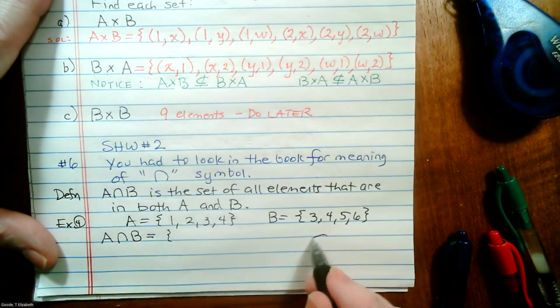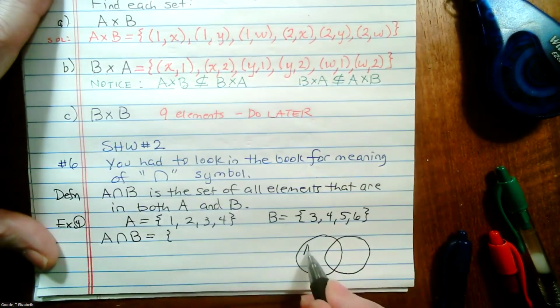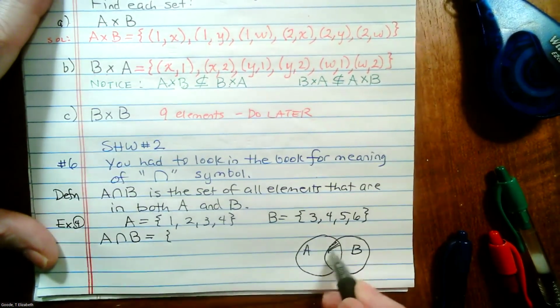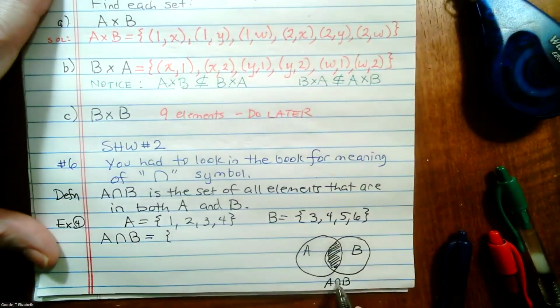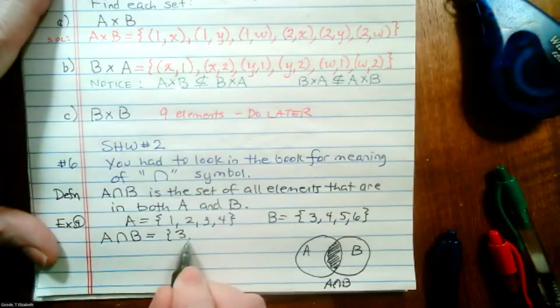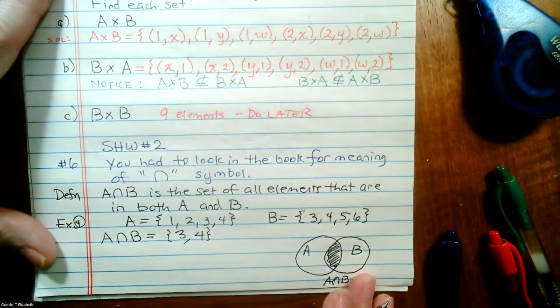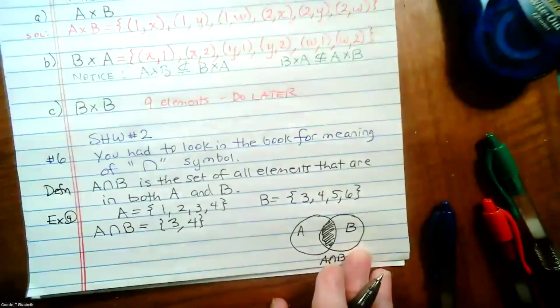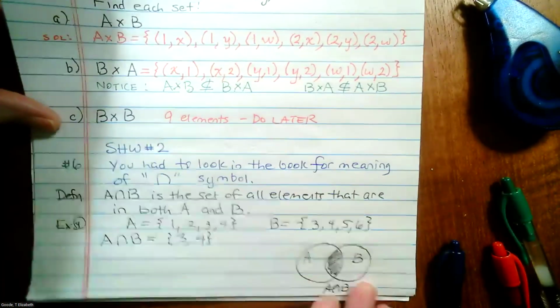It's like this. If you have a picture of A and a picture of B, the intersection set is the elements they share in common. Okay. Would it be 3 and would it just be 3 and 4? Yep. Okay, so that's what you had to look for. But other than that, you should be able to work number 6 on special homework 2.